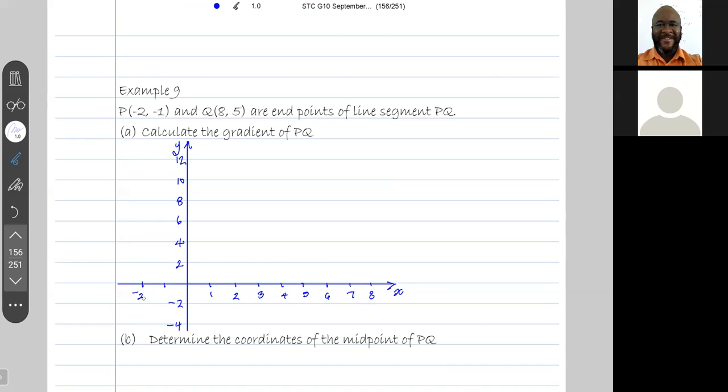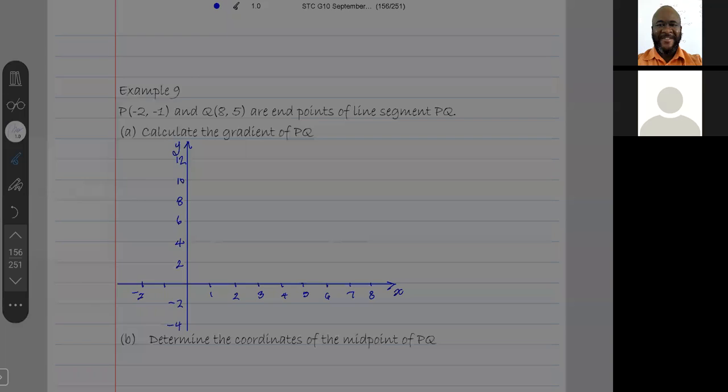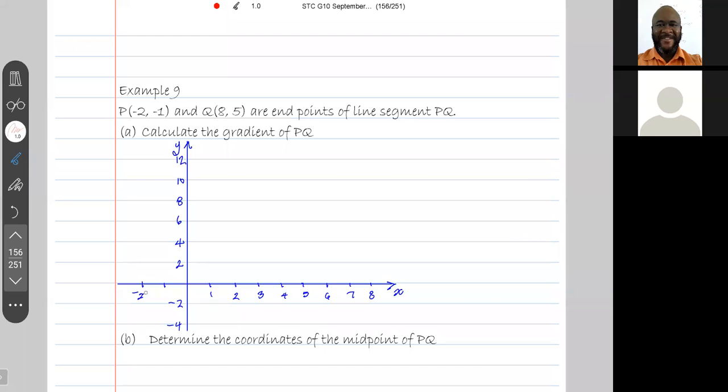So minus 2, minus 1 will put me about here. Let's change the ink color. Minus 2, minus 1 will put me about there. 8, 5 will put me about here. I'm doing the second one. So this is the straight line connecting them.